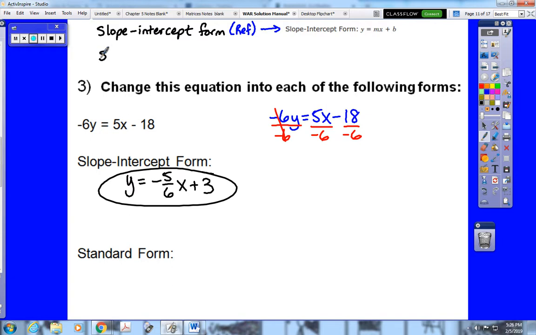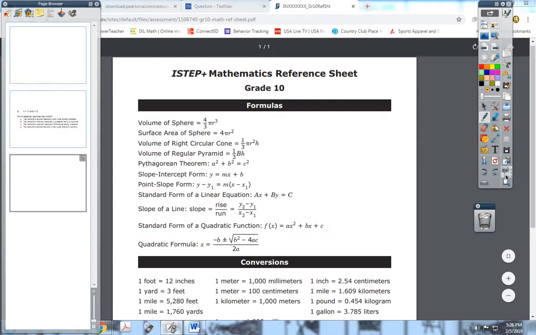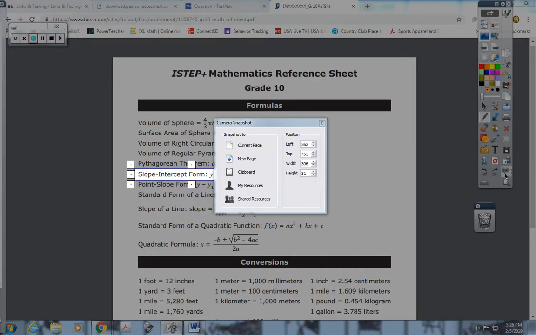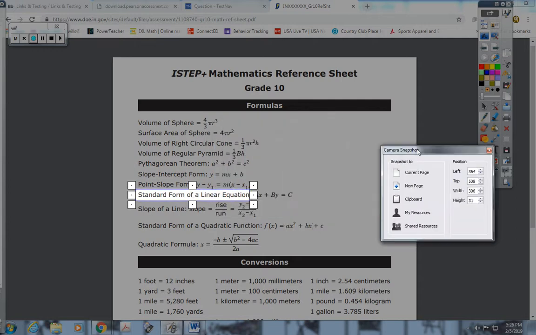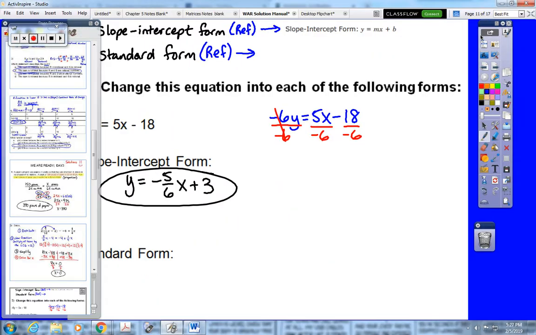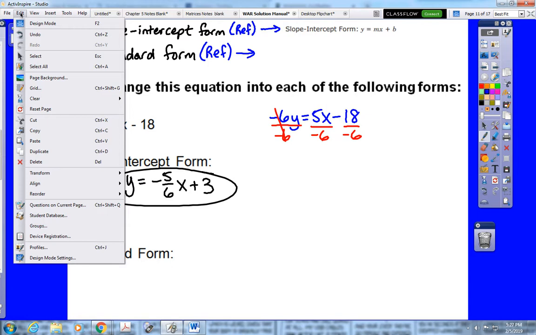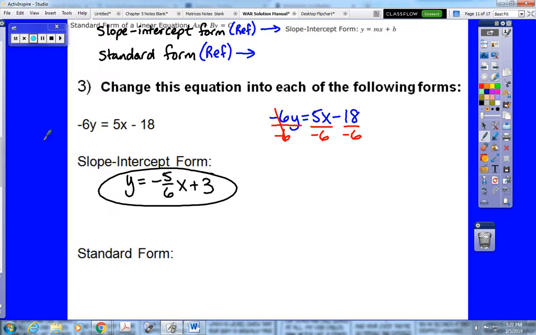And then we have standard form, which is also listed on the reference sheet. However, it doesn't tell you on the reference sheet what any of the words mean. It's right down here. Standard form of a linear equation is ax plus by equals c. But you have to know what that means. If you don't know what a, b, and c are, then you're in trouble.